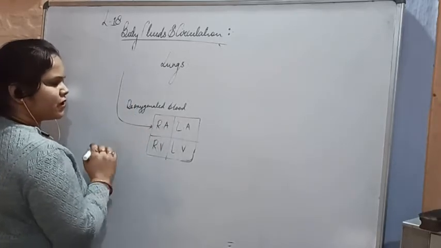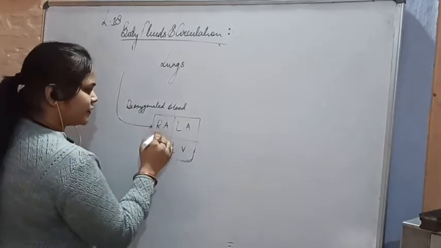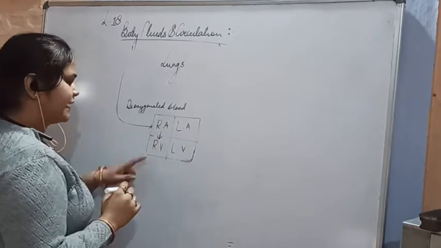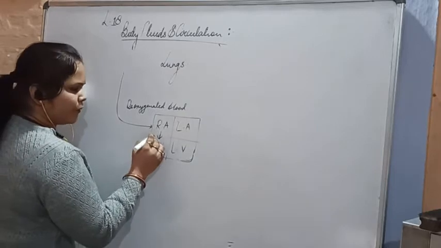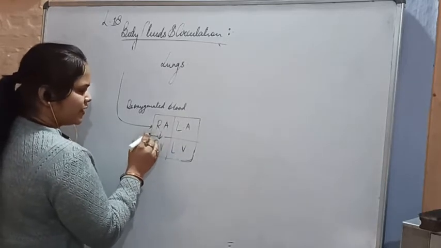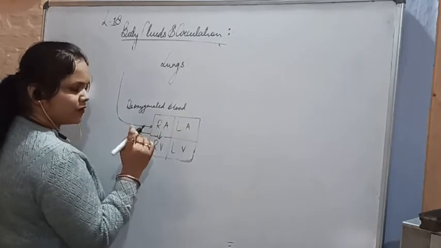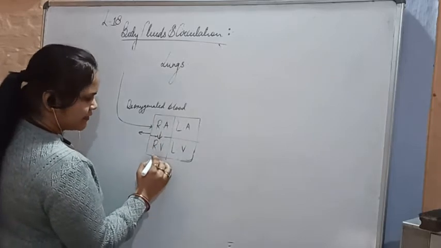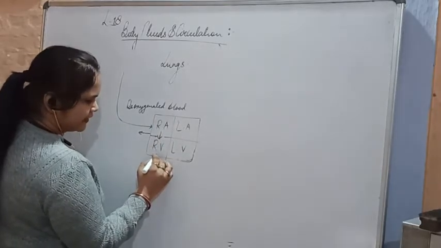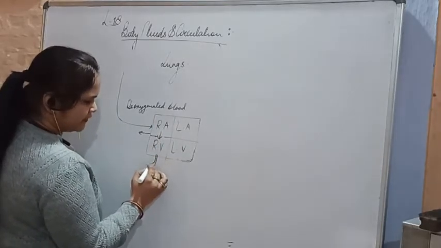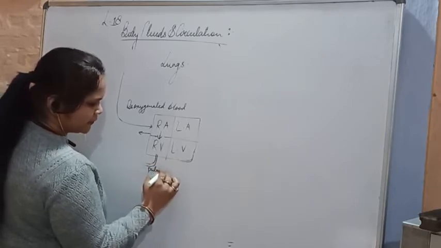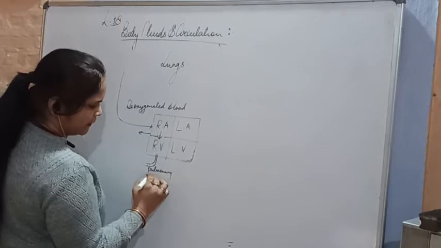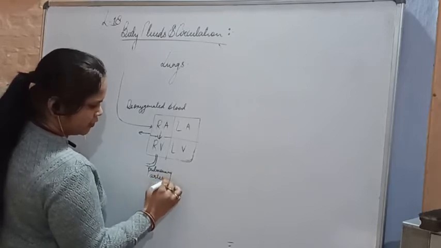It will be deoxygenated blood, and the right auricle will be transferring it to the right ventricle with the help of the intra-auricular aperture. Then this right ventricle will carry the blood with the help of the pulmonary artery for oxygenation.